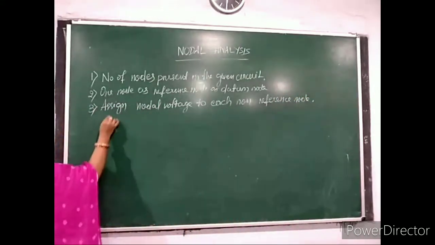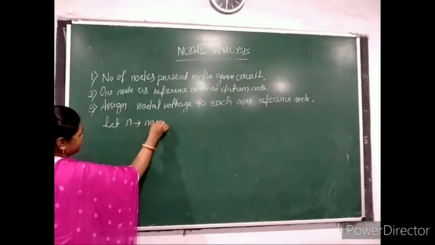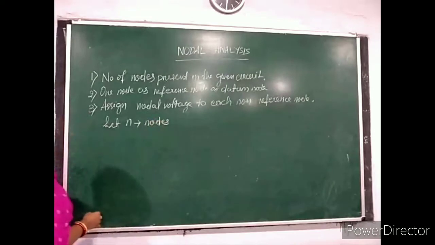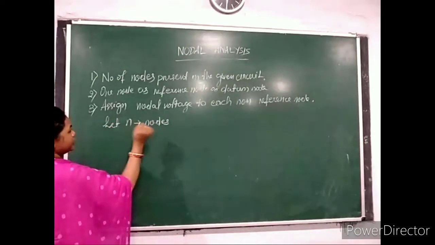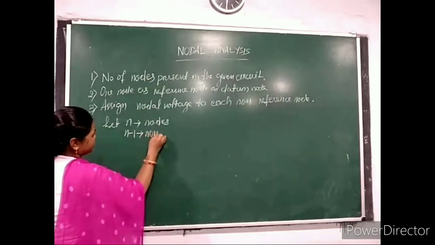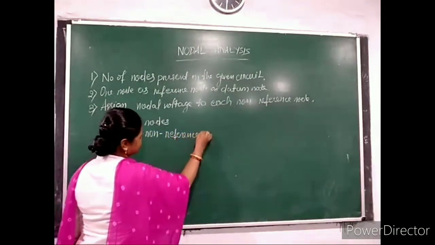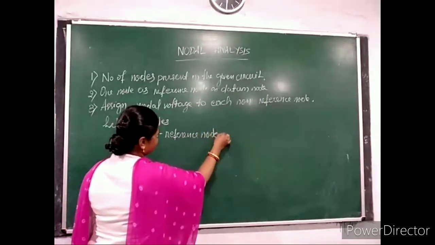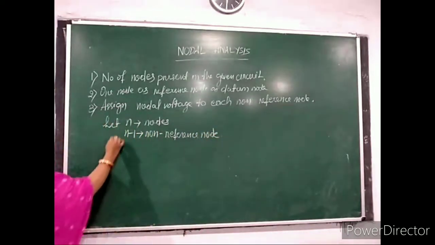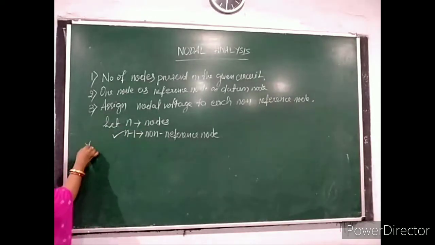It means, let a circuit contain n number of nodes. So there are n minus 1 non-reference nodes present in the circuit, and you have to assign voltages for the n minus 1 non-reference nodes.